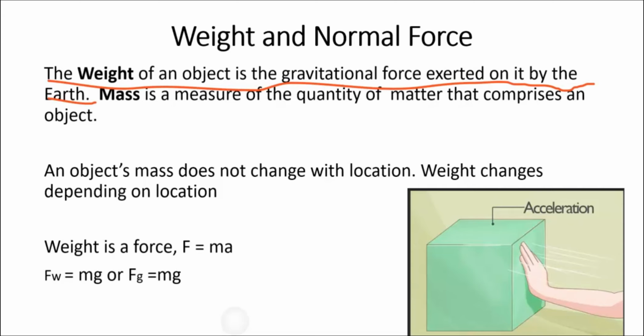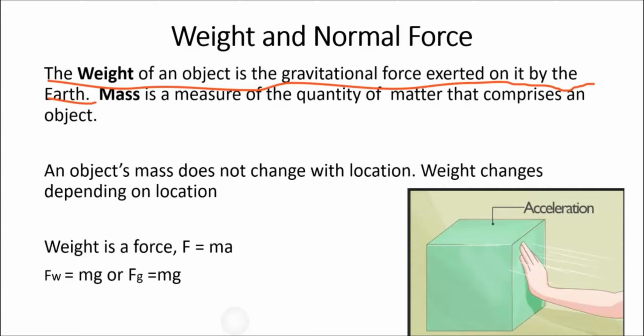So, to determine the weight of the chair, it depends on the location of the chair. That's how you can determine the weight of the chair. So the weight is determined by the gravitational force exerted on that object.